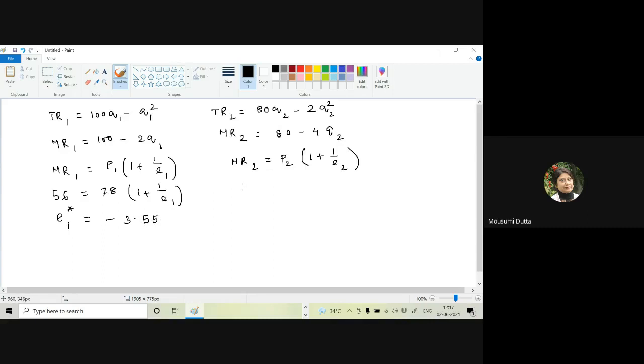And here what is MR2? 56, because at equilibrium MR1 is equal to MR2. And what is P2? 68.